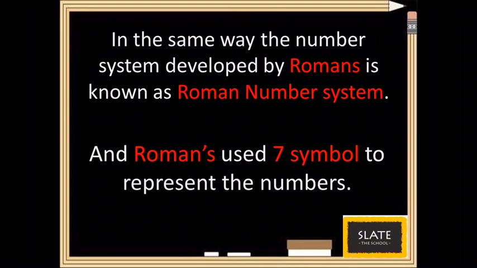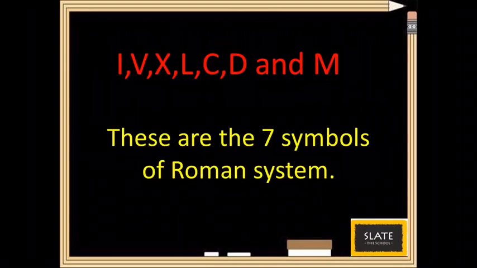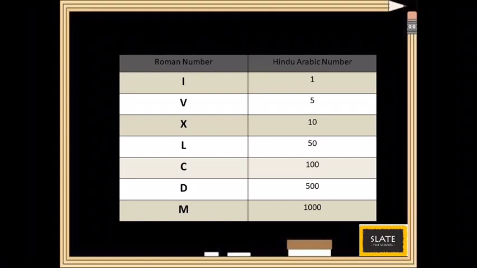And Romans used 7 symbols to represent the numbers. They are I, V, X, L, C, D and M. These are the 7 symbols of Roman system. Now let's see the value of each Roman symbol, Roman number and Hindu-Arabic number.